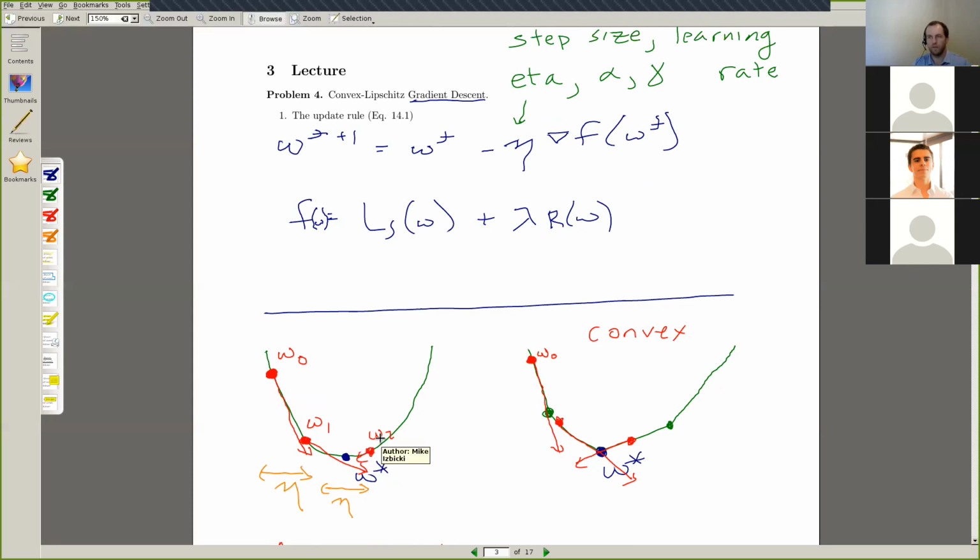So the length of the distance that we actually step will change based on what point we're at, but the phrase step size typically refers just to this scalar value right here and not to the actual product of that scalar times this gradient.